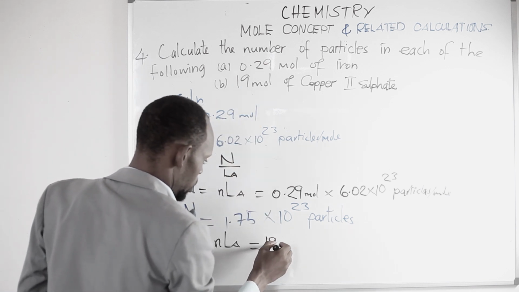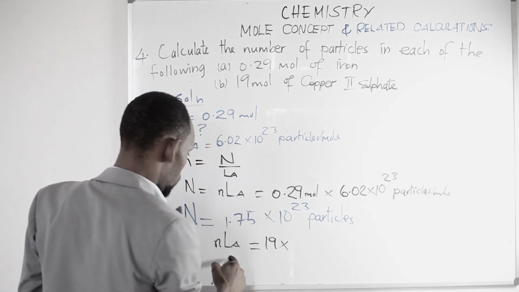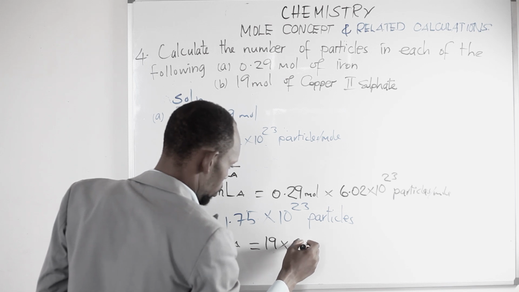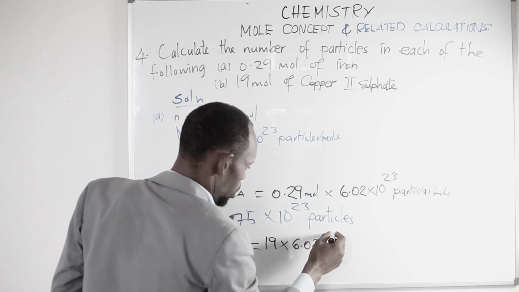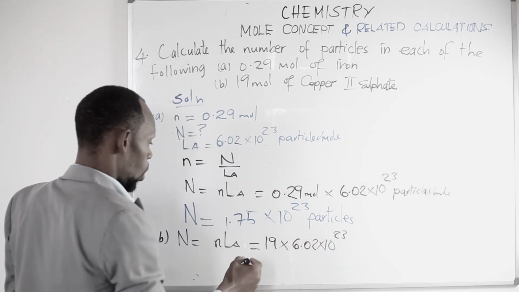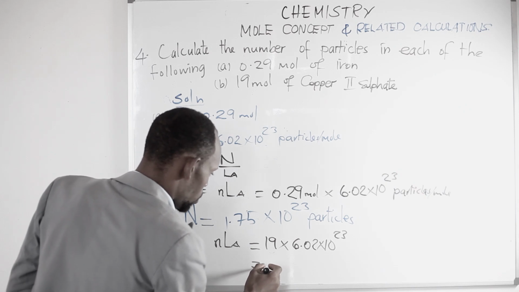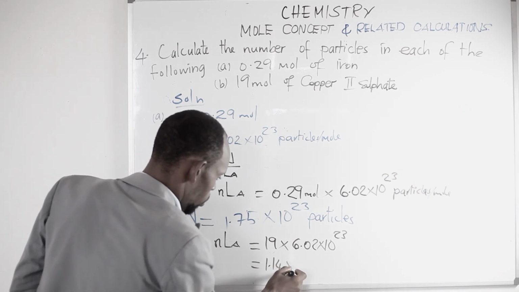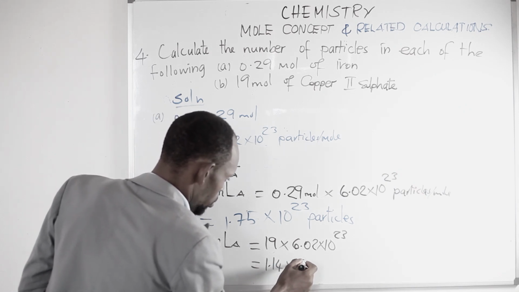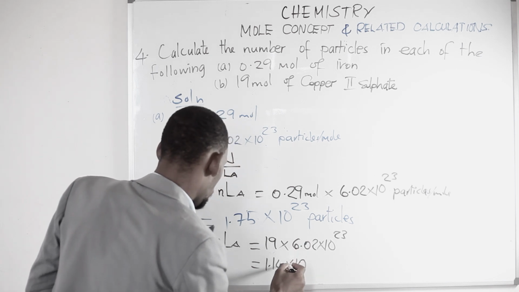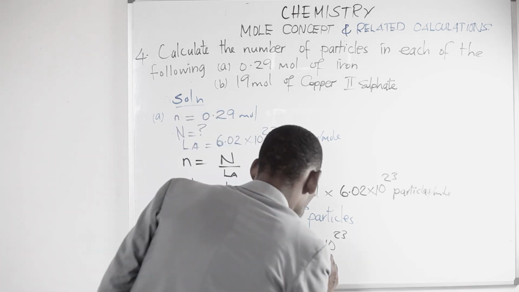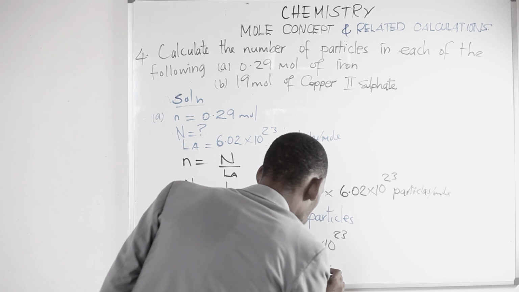So you take 19 times Avogadro's constant, 6.02 exponent 23. This will be equal to 1.14 exponent 25 particles.